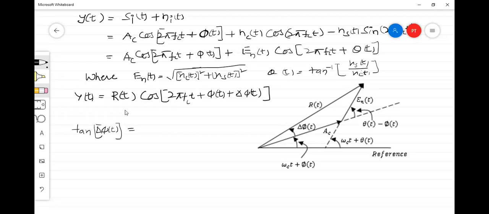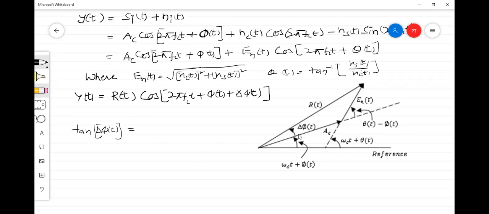We'll have two components: one is the cos component, another is the sine component with respect to this angle. So e_n(t) into sine and e_n(t) into cos of this angle will give us two components. This is the cos component here, and this is the sine component.